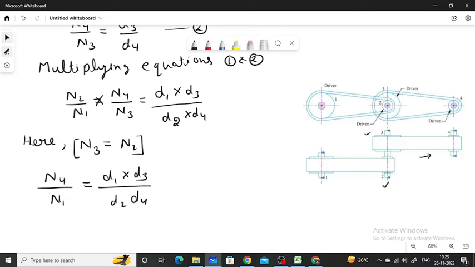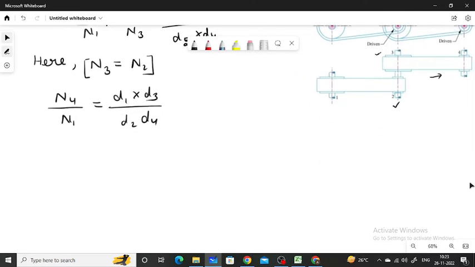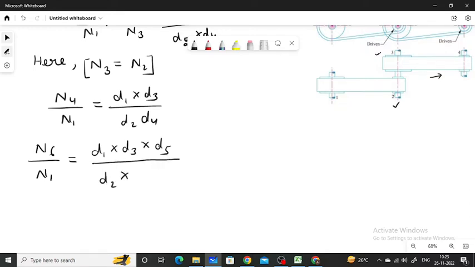A little consideration will show that if there are 6 pulleys, then N6 upon N1 will be equal to D1 into D3 into D5 divided by D2 into D4 into D6.